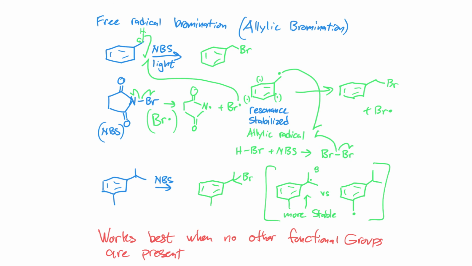Because this is a tertiary radical and this is a primary radical. So we can selectively brominate, if we're careful, the tertiary position over this primary position.